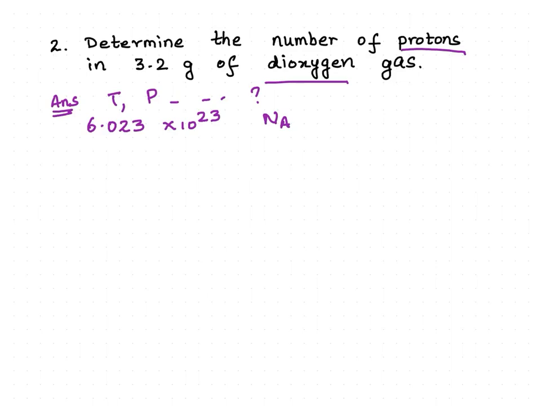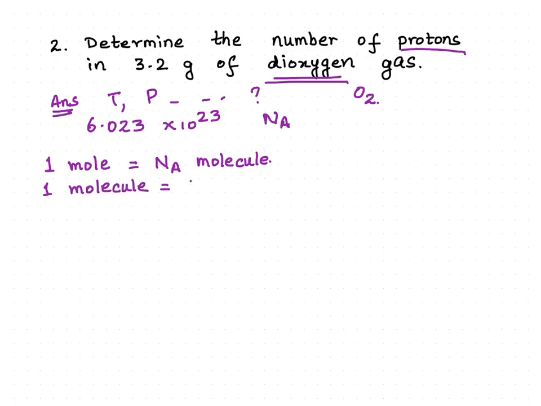Okay, so if you've tried, let's go step by step. We know that 1 mole of any substance, of any gas, so for example I've got dioxygen, that means I've got O2 over here, will contain an Avogadro number of molecules, and 1 molecule we know is made up of how many atoms?